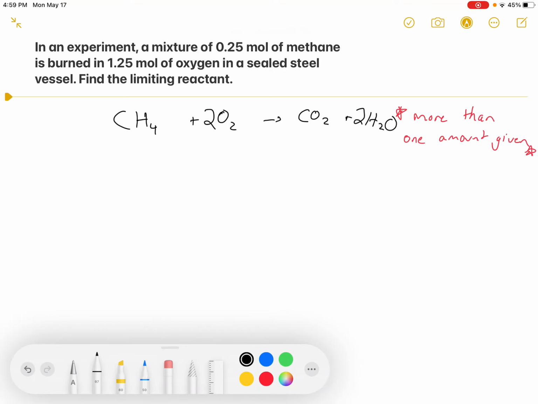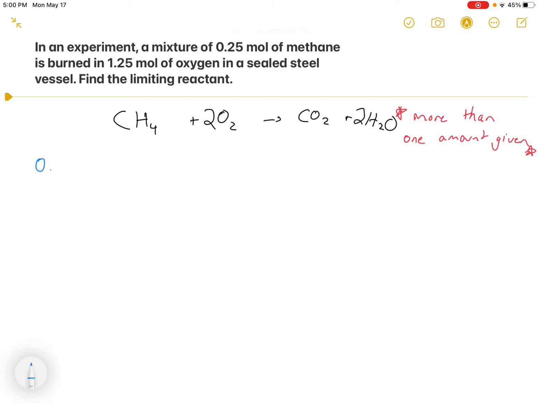So our next step is to convert all of the reactants to the same product. We know that we have 0.25 moles of CH4, and we know that we have 1.25 moles of oxygen.